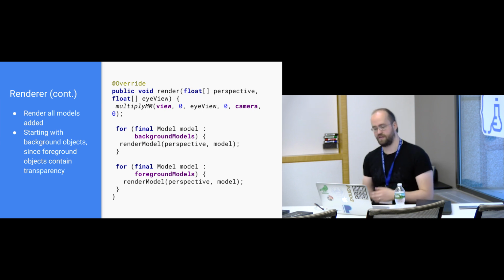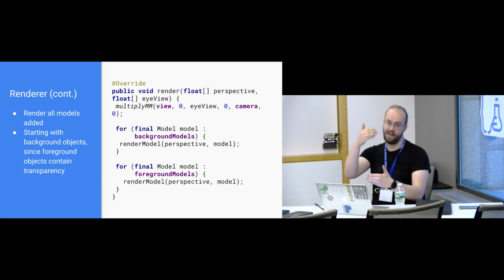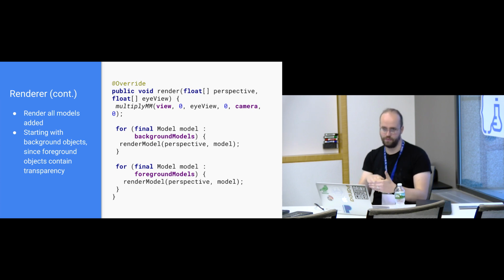Why? Because if you're rendering transparent models and there is something behind it, but you render the one behind it after the transparent model, you will not see transparency. Because we enabled the depth test before, if you want to render something behind the transparent model after the transparent model got rendered, you will not see it through because the depth test realizes that the transparent object is already in front of it.